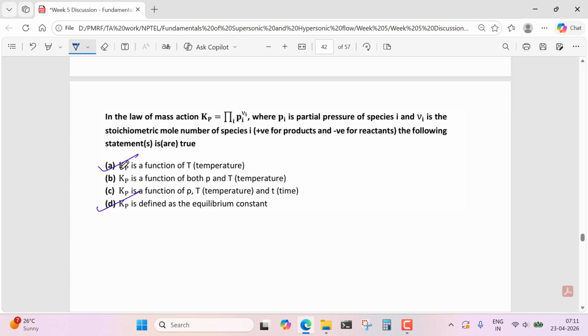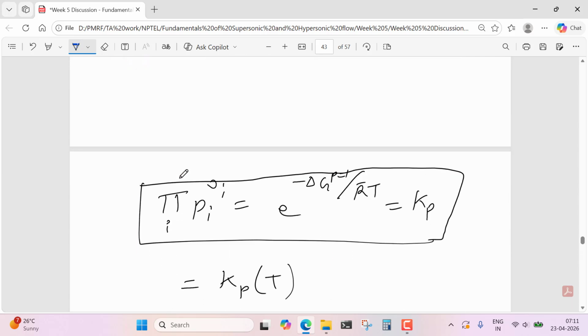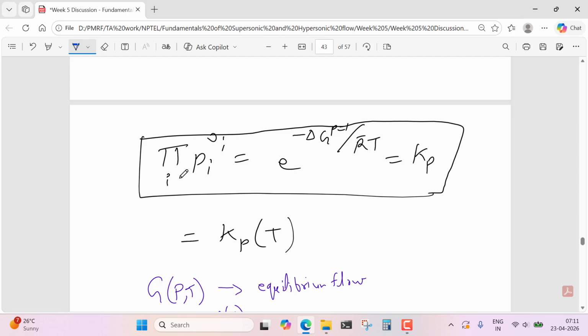Now we have to find on which properties Kp depends. We have derived that Π_i P_i^(ν_i) equals e to the power minus ΔG° divided by R̄T, which is equal to Kp.